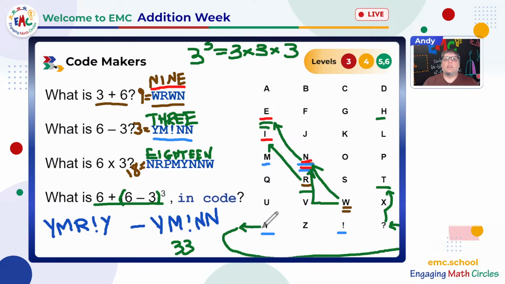Y goes over 1 and up 2 and gets us T. Over 1 up 2 is T. So our answer is Yemen. Awesome job, team. If you got that, great job.